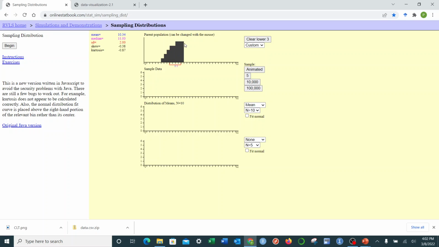So let's say I think that the population looks like this. Well, I can do the same thing. I can also change the number of observations in my sample, which will be important for a later video. But here I'm sampling 5 people each time and calculating the mean.